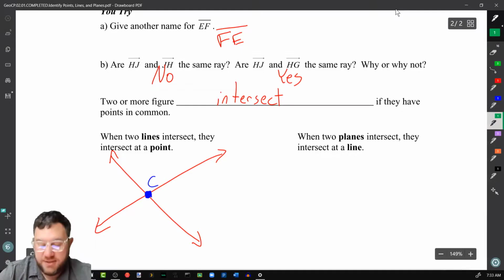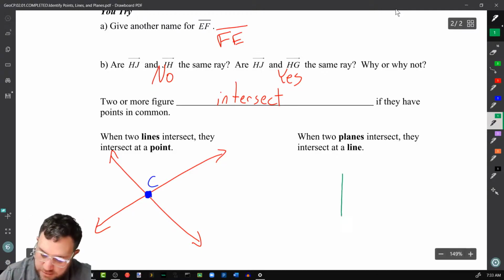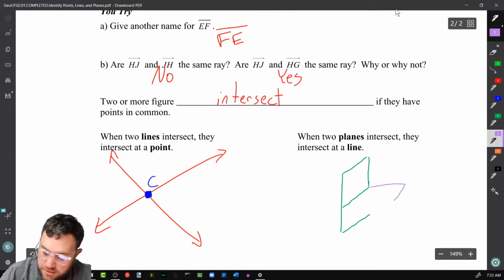When two planes intersect, they intersect at a line. Now, drawing intersecting planes can be kind of a hassle. I've had plenty of practice doing this, so I'm a good bit better at it than you are going to be right off the bat.